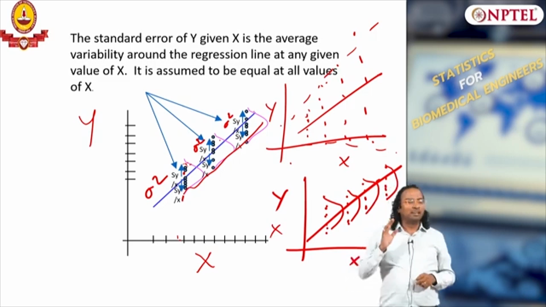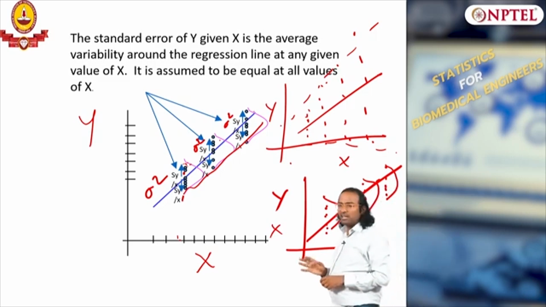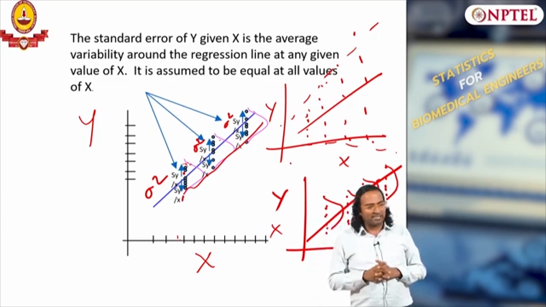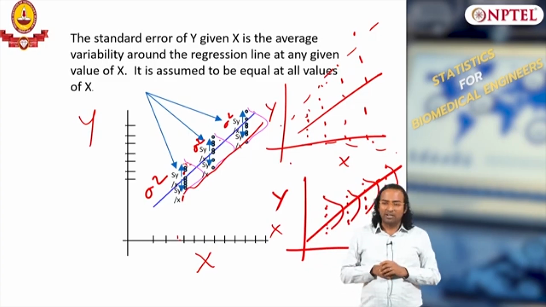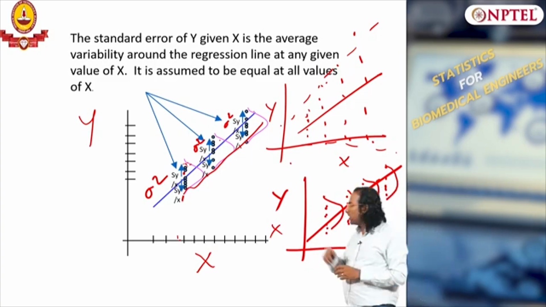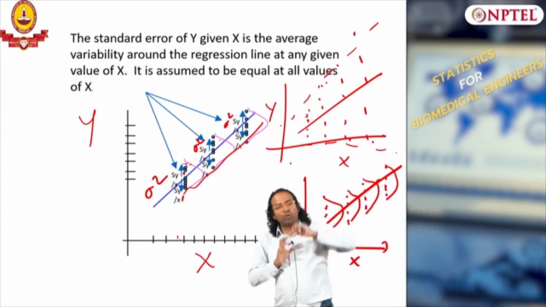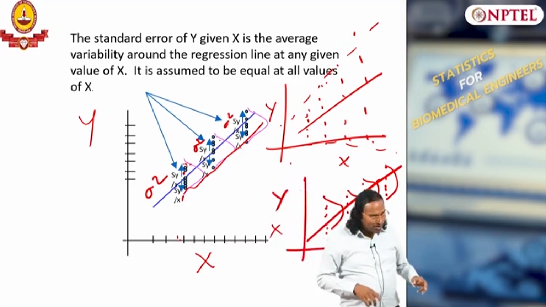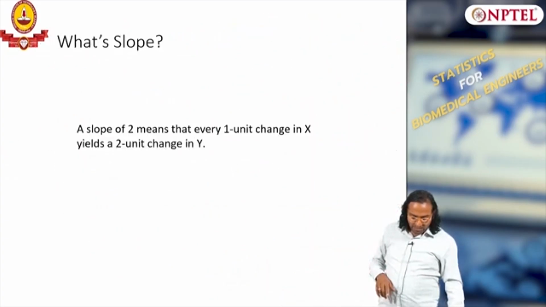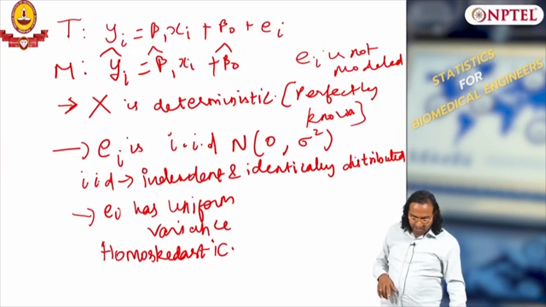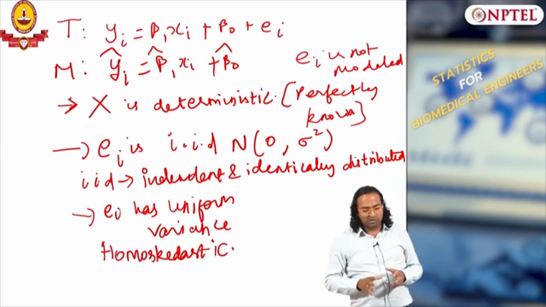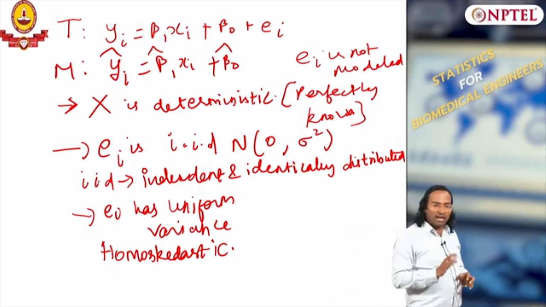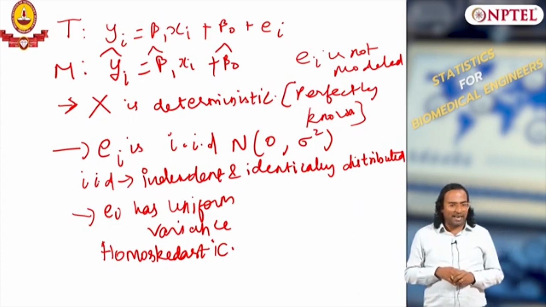Okay, you might have done linear regression for ages, but these are the underpinning assumptions, the assumption of homoscedasticity. Now you understand the assumption of noise as well, right? What is normal 0 comma sigma square? At every value of x the distribution of y is normal and it has the same variance. So, if your noise is not IID, you can fit a model for noise, and there are methods that cater for noise.